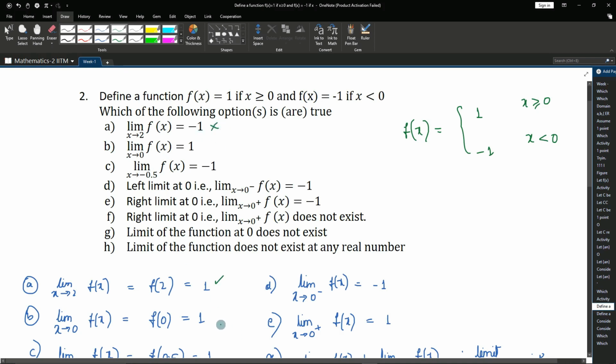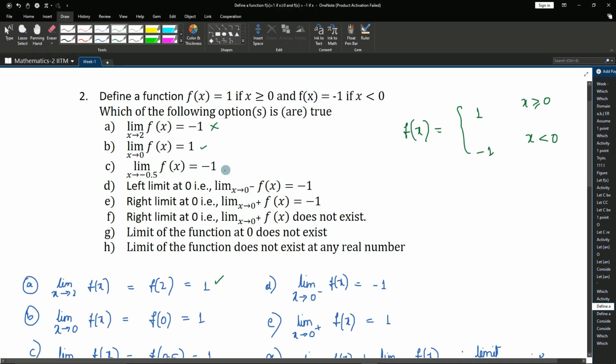What about the second option? At x equal to 0 we will be having the function value as 1. We can directly say that this option is right, but we have to check for the left hand and the right hand limit.